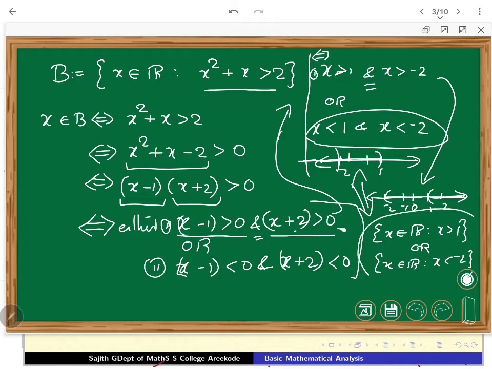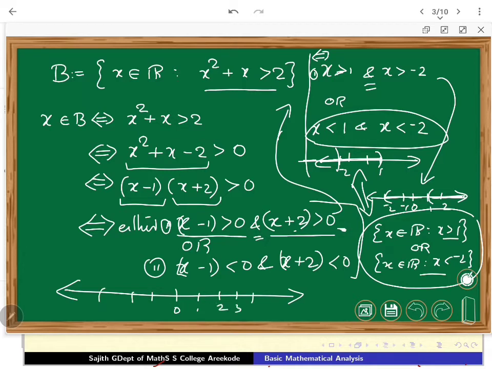So this is precisely an OR condition, right? The union of these two sets. So this is precisely the set. One can understand it from the real line also. So the union of these two. Let us try to visualize it. This is 1, 2, 3 on the right side and minus 1, minus 2 on the left side.